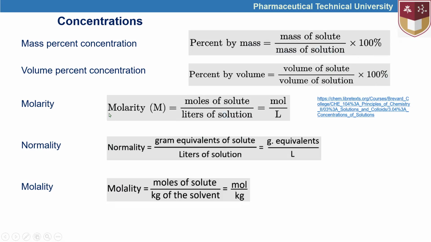The ones used in titration are molarity or normality, which differ by the number of moles or gram equivalents of the solid.